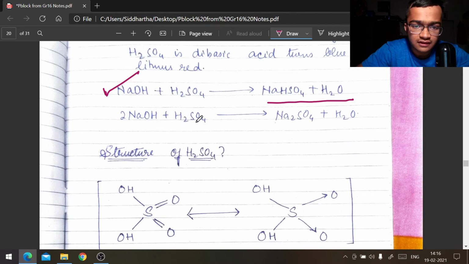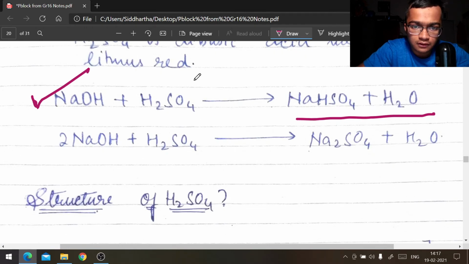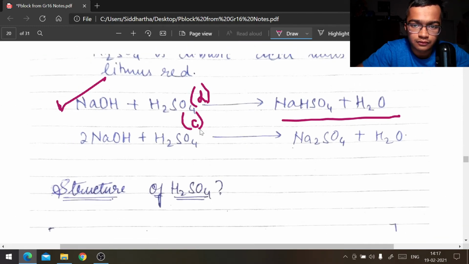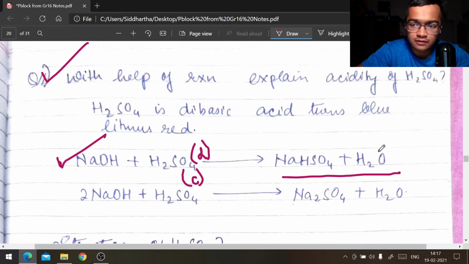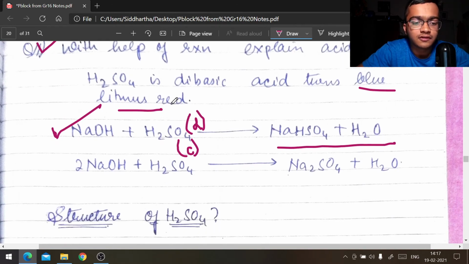But in this case, this was dilute, and below this one is concentrated, okay, you get Na2SO4 plus H2O. Now it turns blue litmus red. This is the indicator of acidity, right? Blue litmus red. You have to remember that.